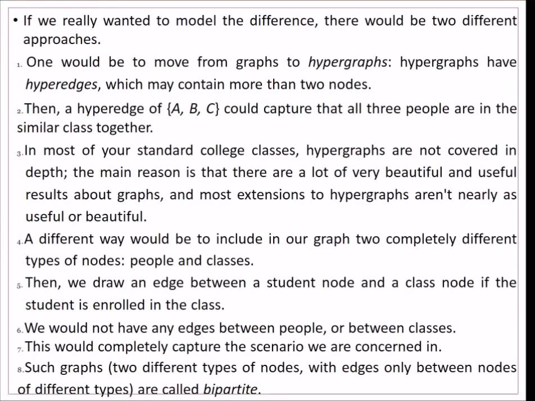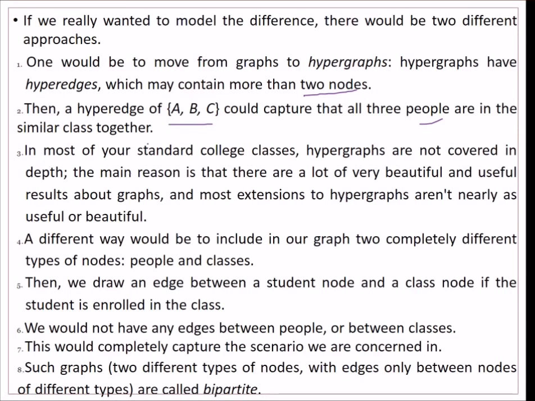First, you have hypergraphs. Hypergraphs have hyperedges which may contain more than two nodes. A hyperedge ABC, which we just talked about, could capture whether all these three people are in the same class together or not.